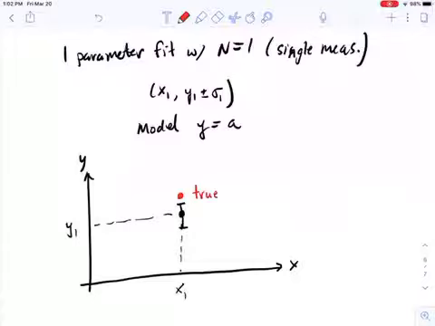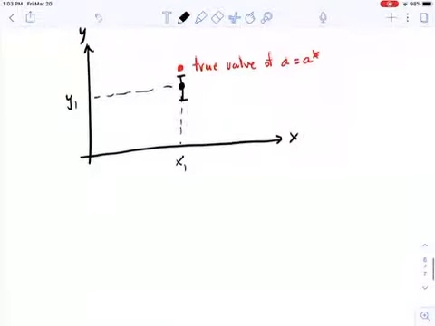So this red point represents the true value of, say, a star. The true value of a, which is equal to a star, for example. Okay, and we, in general, don't know that value. If we did, there would be no point in doing the experiment.